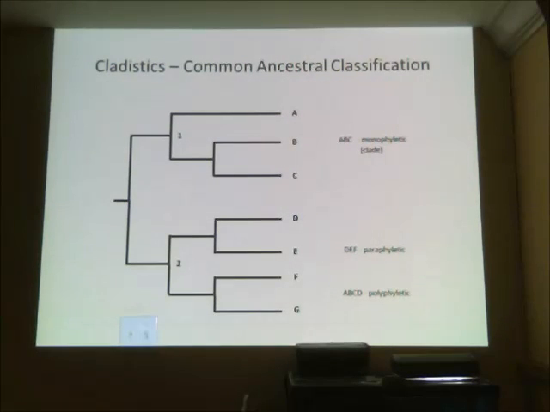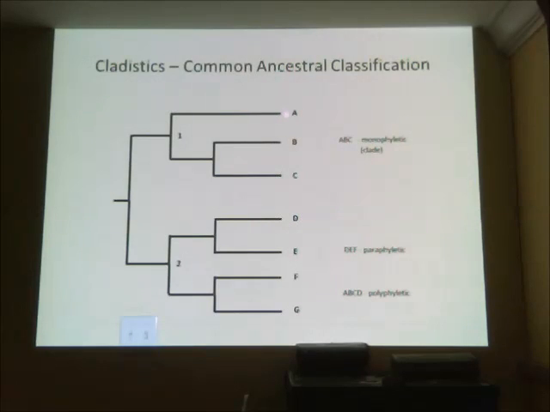Okay, so this is the cladistics slide, the common ancestral classification slide, and on this particular slide, what I'm showing again is the progenitor organism, the ancestral organism here, and we've got two different lines, which we'll just call 1 and 2, and you can see that there are three organisms coming out of here.